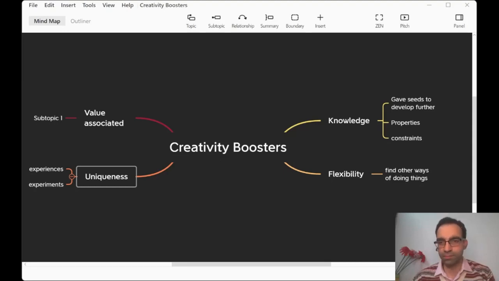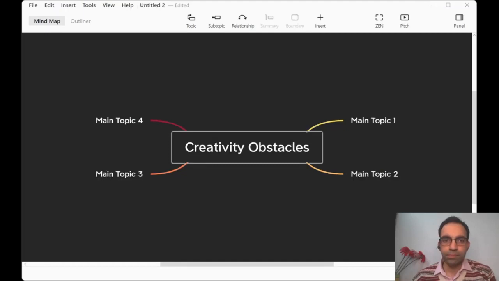Just give me a moment. Okay, Mindmap, Xmind. Are you able to see it now? Yes, sir.